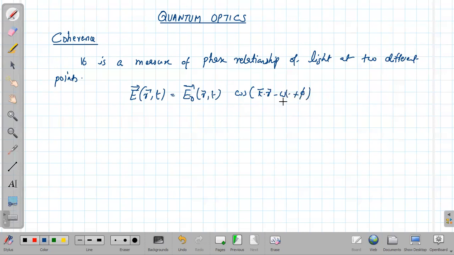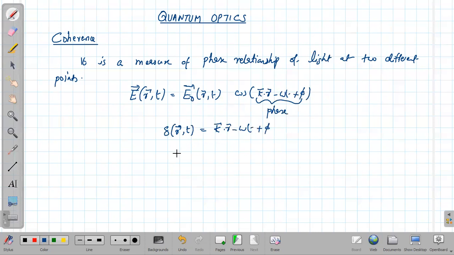This k dot r minus omega t plus phi is called the phase. I can denote this phase by the symbol delta. So the phase at location r at time t is k dot r minus omega t plus phi.